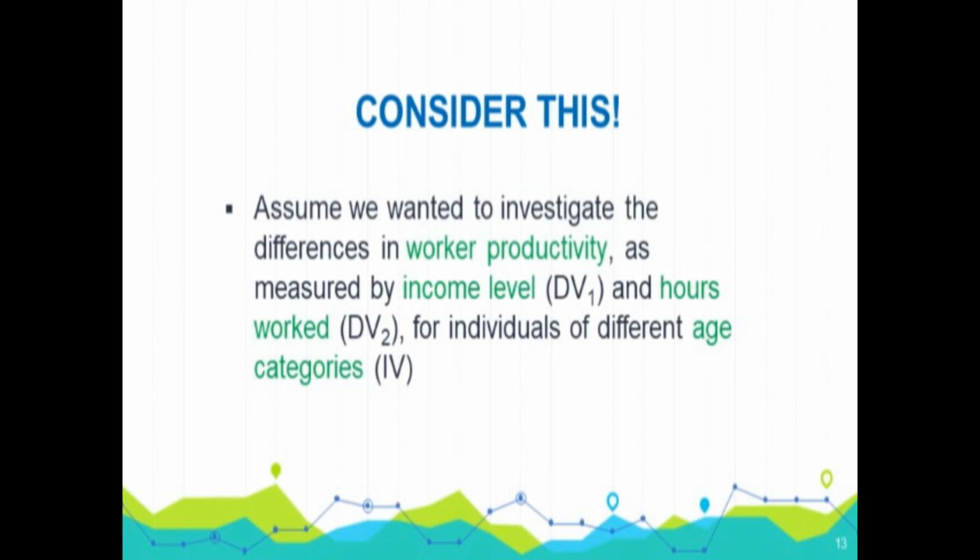Let's try to consider this. Assume we wanted to investigate the differences in worker productivity as measured by income level, which is our dependent variable 1, and hours worked, which is our dependent variable 2, for individuals of different age categories, which is our independent variable.